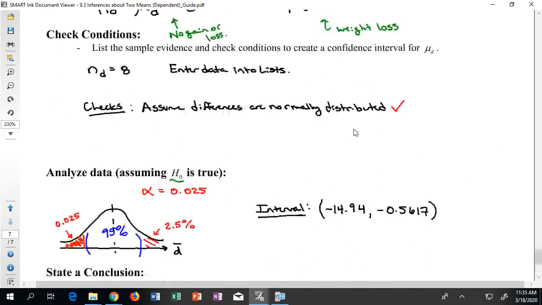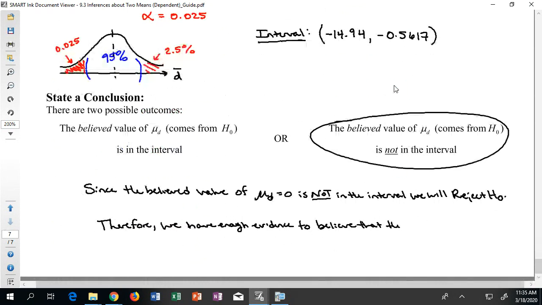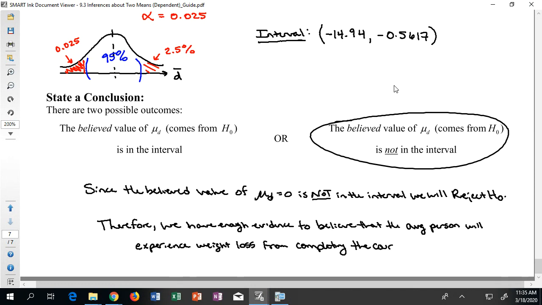But if I think about what I wrote in green, it means that completing the course can result, on average, in weight loss. So I'll say the average person will experience weight loss from completing the course. That seems to be perfectly in line with what we had said in this question.